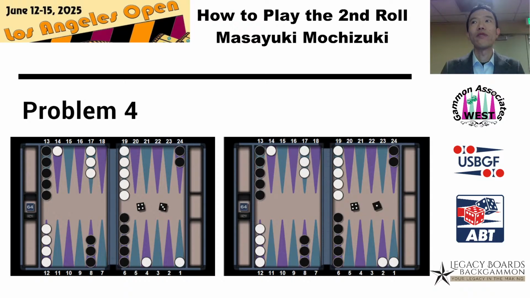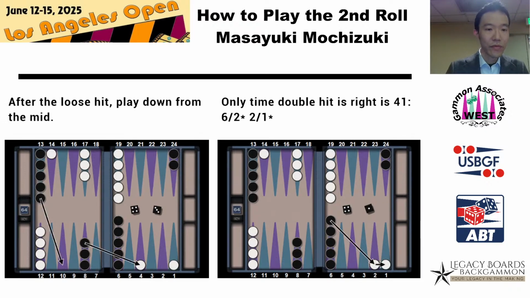The only roll where you are allowed to hit twice is 4-1 on the right-hand side. So after hitting, you have to play down from the mid point, and the only time a double hit is right is 4-1, going to the ace point. The difference between left and right is that after 4-3, your blot is on the 4 point.